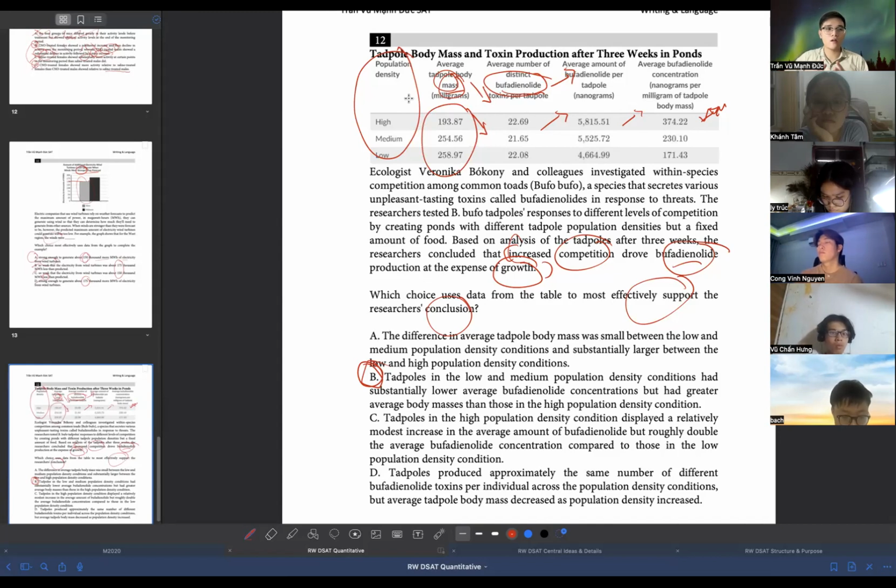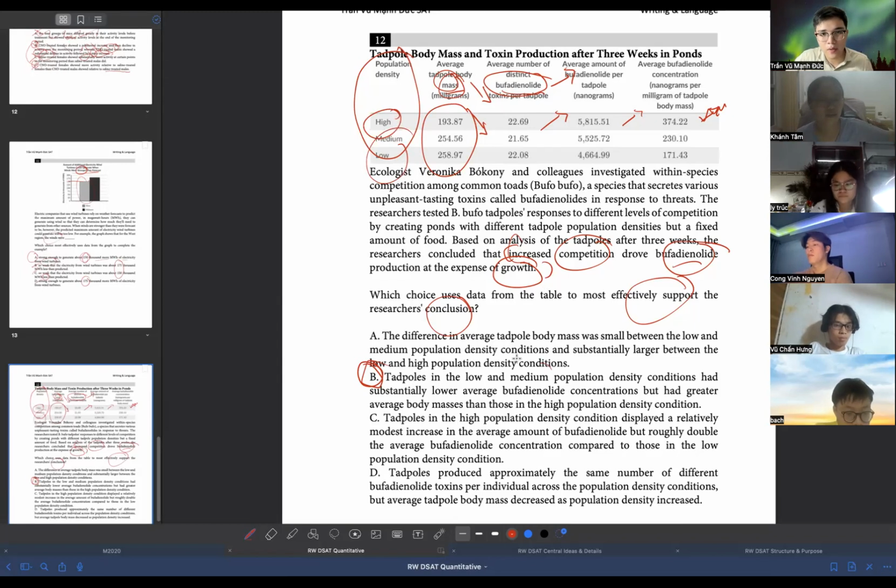If there are a lot of individuals in a herd or group of animals, it means that they have to compete for food, for mates, for the place to stay. It is called competition. So the higher the population density is, the higher the chance of them competing with each other. Yeah, the territory even. So the higher density is the higher competition. Medium and low have the lower competition.